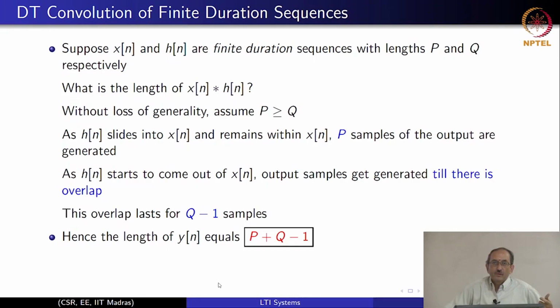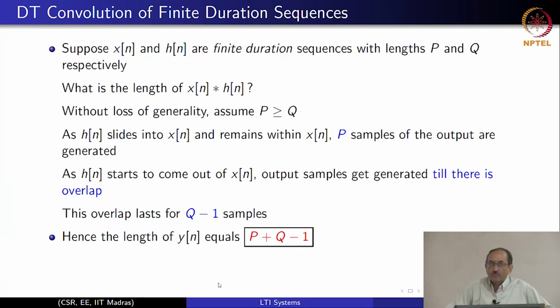Therefore, if the duration of one pulse is t1 and the duration of the other is t2, the overall duration in the continuous time case is t1 plus t2. Whereas in the discrete time case, it is not p plus q, but p plus q minus 1, because when you cease to overlap, the difference is one sample.